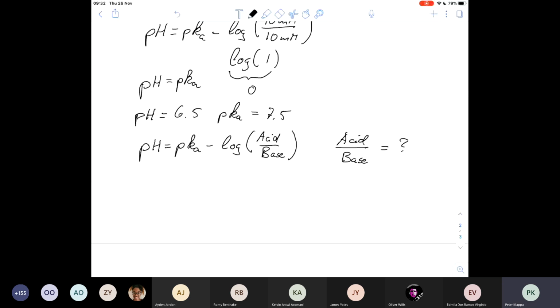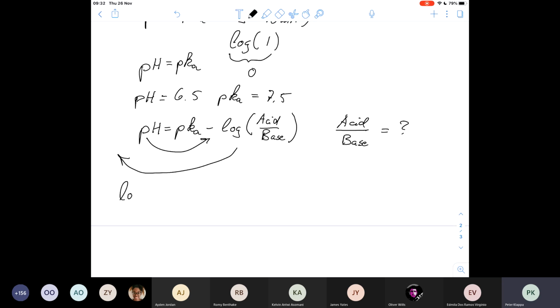Okay, good. So we need to figure out what is the acid to base ratio. So what we do is we just simply rearrange this equation. We get everything with log to that side. pH goes to that side. And we get log of acid to base equals pKa minus pH.